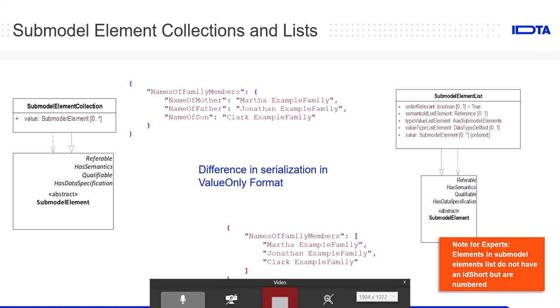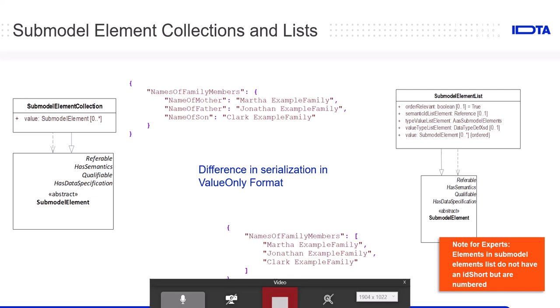So all of them are submodel elements, and they also can have different semantic IDs. That's okay. But the way it is treated and implemented is quite different. So here you have a fixed, maximum number of possible attributes. Here you have, in a way, an infinite number of elements within the list.